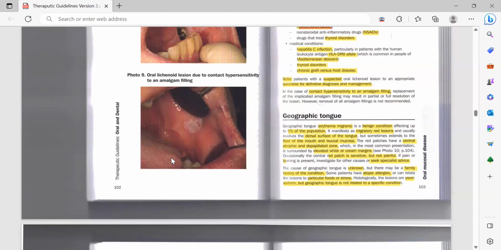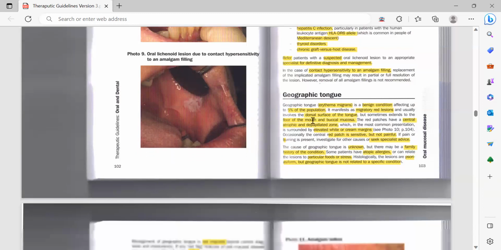Even though any other amalgam restorations are present in the patient's mouth, you do not need to touch them unless those restorations require removal, repair, or maintenance. That is a different thing, but only on behalf of contact hypersensitivity, you do not have to remove all the similar restorations from the patient's mouth.